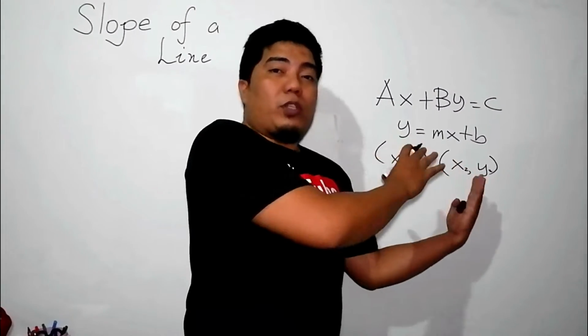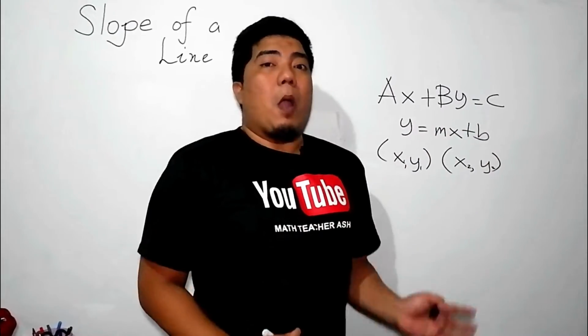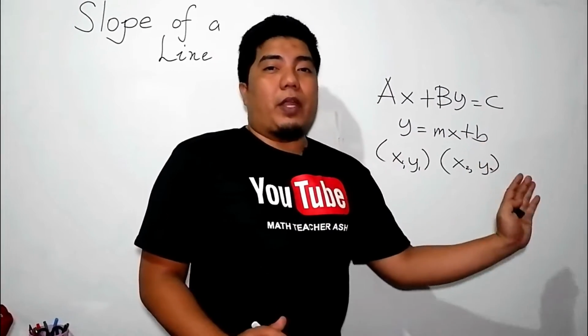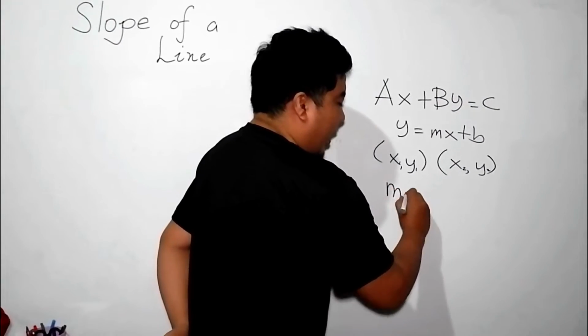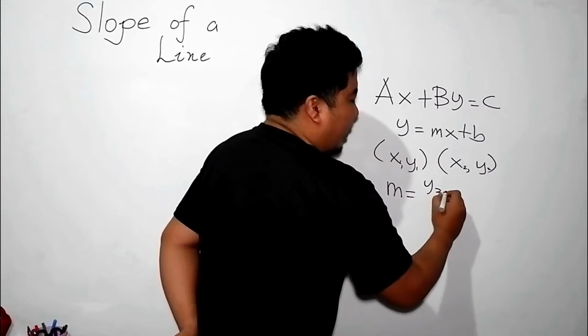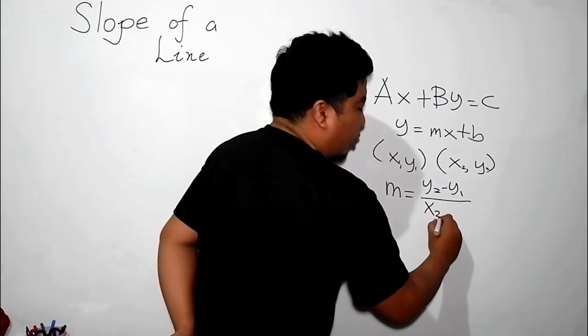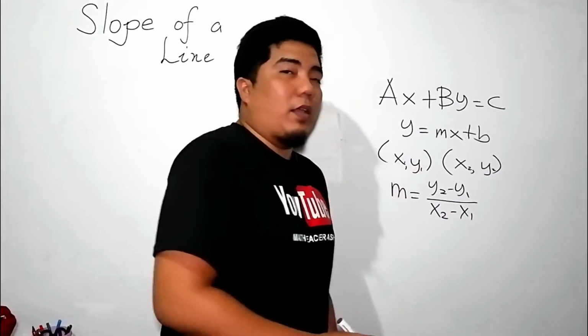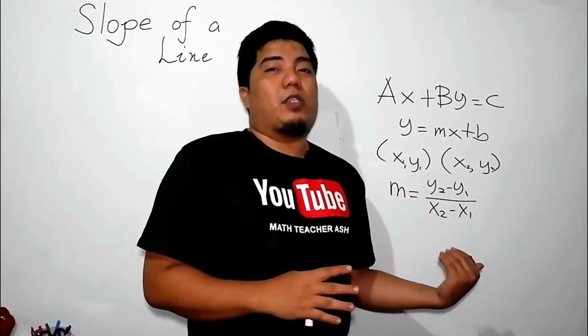By using the two ordered pairs, you can get the value of your slope. That is, m is equal to y sub 2 minus y sub 1 over x sub 2 minus x sub 1, in which these are the coordinates of your points.